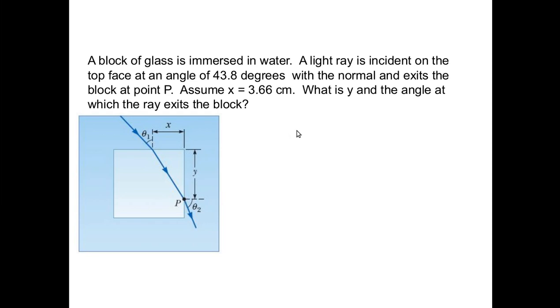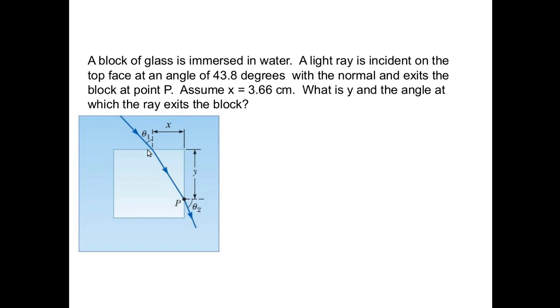So here is a glass block immersed in water. So we have water surrounding a glass block. Water has an index of refraction of 1.33, and glass has an index of refraction of, I don't know, I'll look it up.